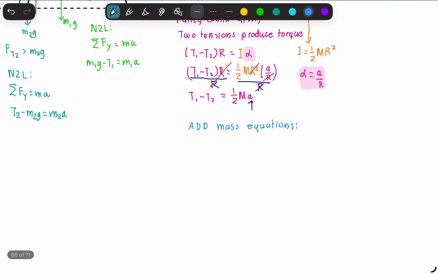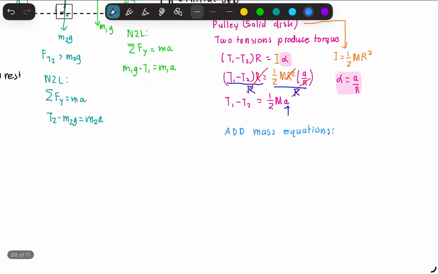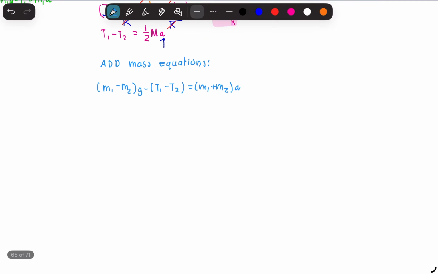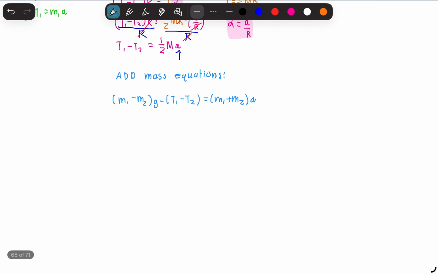So here we have, and we can substitute in our torque result.